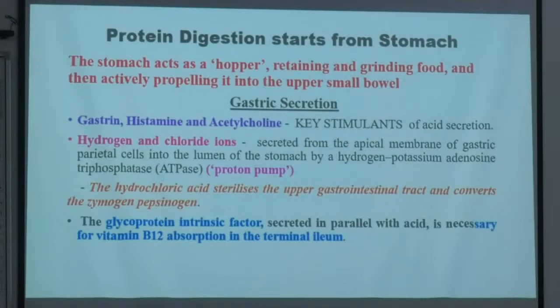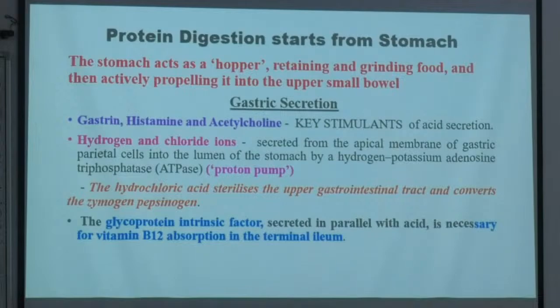So, as I told you, the stomach is under several endocrine and neurological controls. Gastrin, histamine and acetylcholine are the key stimulants of acid secretion. Hydrogen and chloride ions, hydrochloric acid has to be formed, and that is formed by the proton pump.